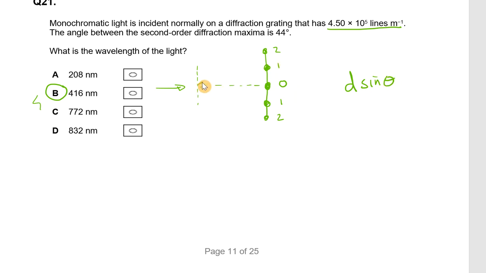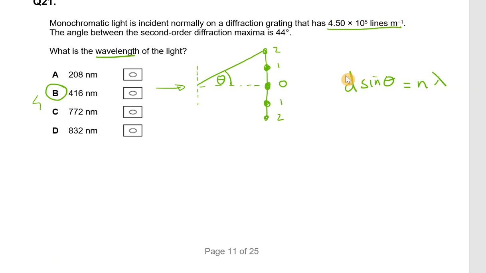Theta is this angle here between the normal line and the line between the grating and the nth order maxima. And that is equal to the number of order multiplied by the wavelength of light, which is what we're trying to find. Now, there's a couple of things that make this slightly tricky.